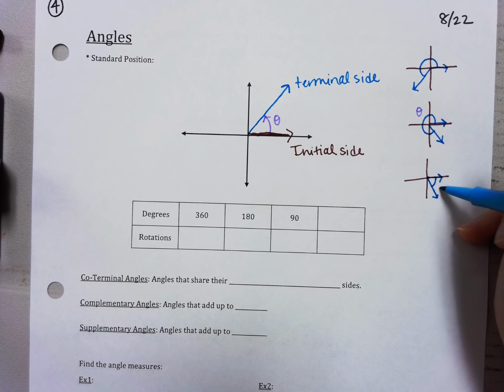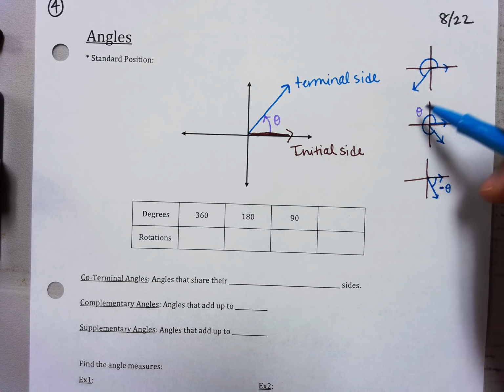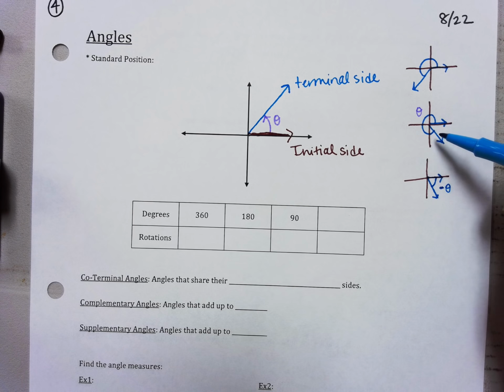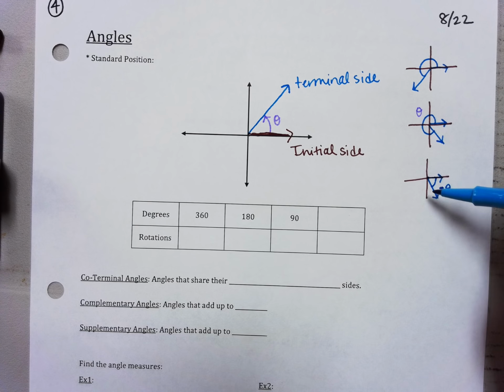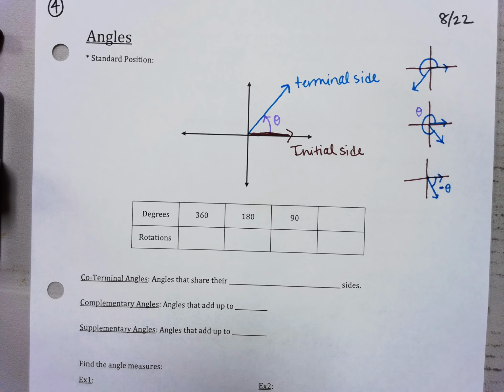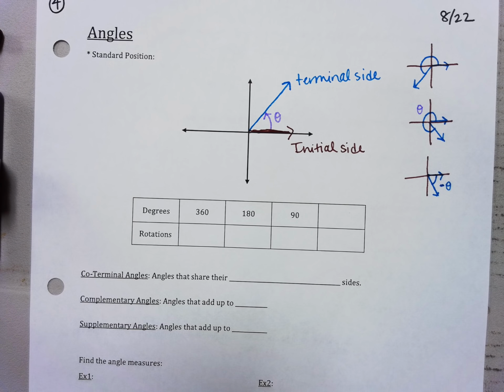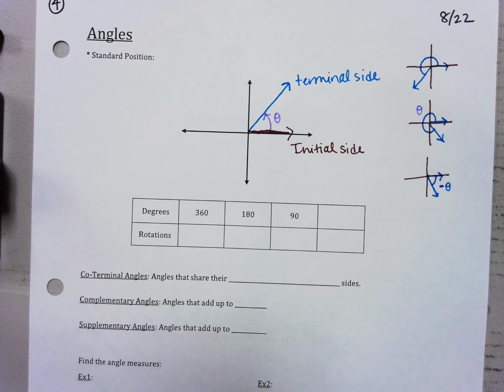So this would be some negative theta, not the same one as the positive version, and if this was say 300 degrees, it wouldn't be negative 300 degrees but instead negative 60 degrees, and we'll talk about more of why that is, and maybe you already know about how to find those coterminal angles, or those angles that share that same terminal side, a little bit later on.